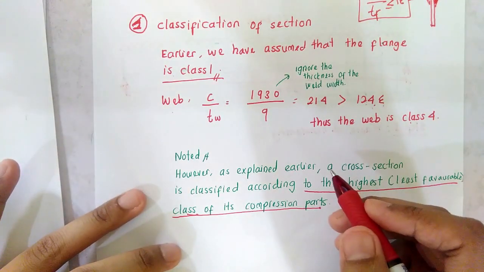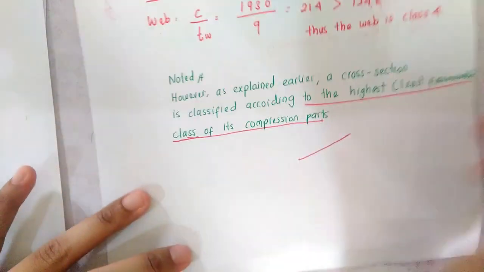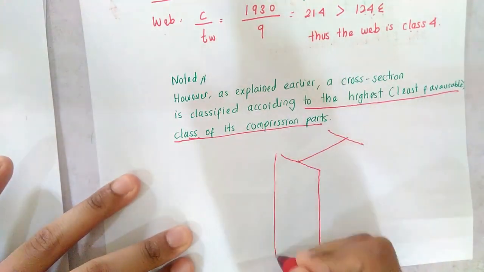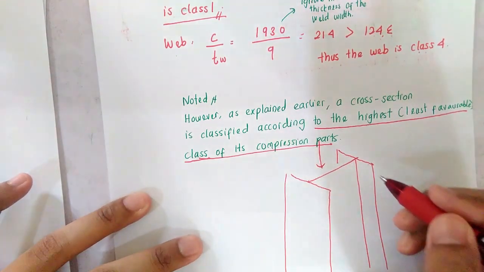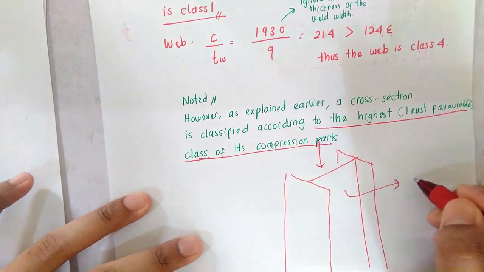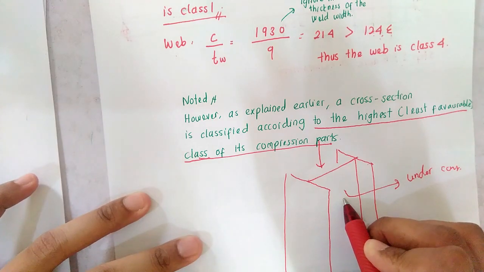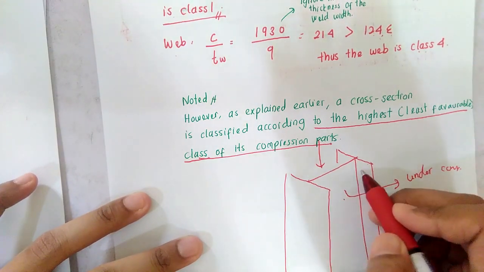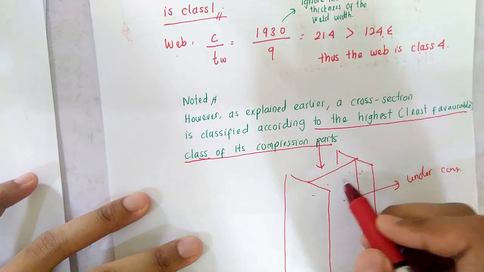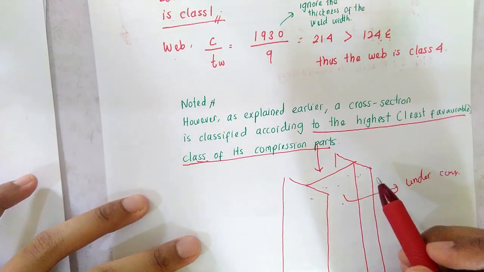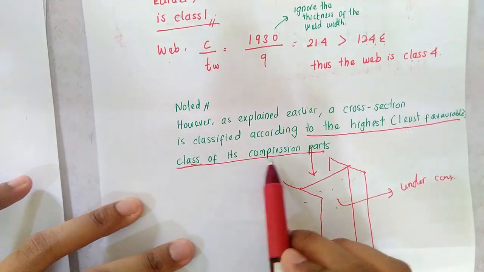So in which cases will we choose according to the web? Usually if you come across a column, for a column, if you load it, the web will be under compression. Because the web is under compression, and if you are designing a column with a different yield strength, you need to classify based on the highest least favorable class of its compression parts.